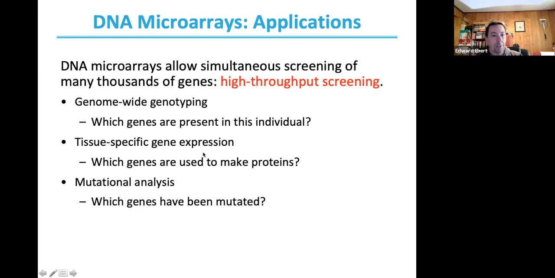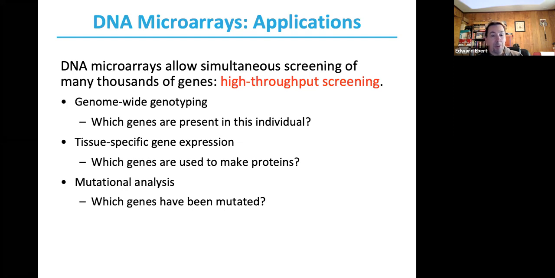Again, our tissue specific gene expression. We have proteins that do the same thing but are slightly different in their sequence or in their regulatory abilities in different organs, to help differentiate the function of those organs. So we can look at tissue specific gene expression to see, do we have this glucose transporter, or do we have a variant glucose transporter, something like that.